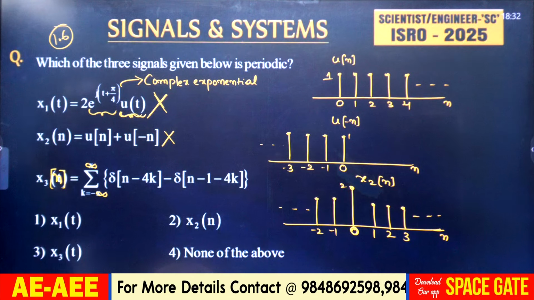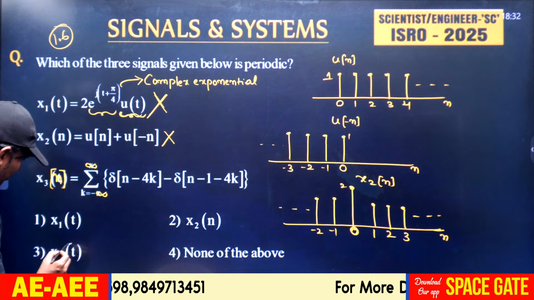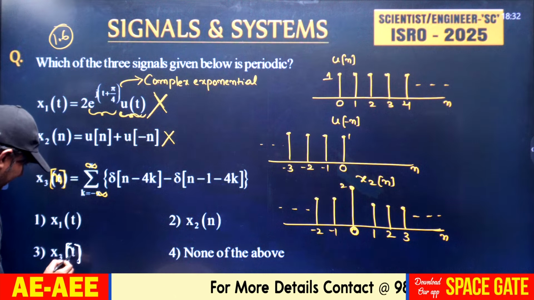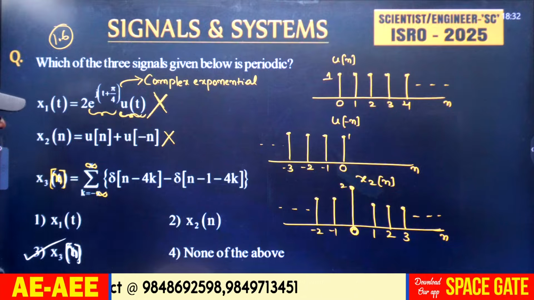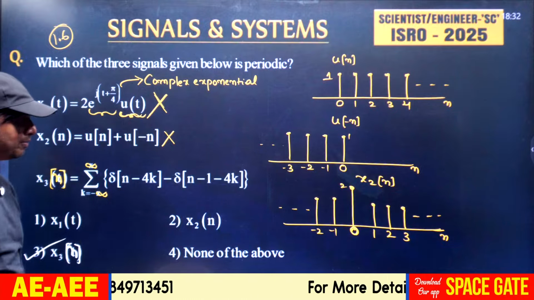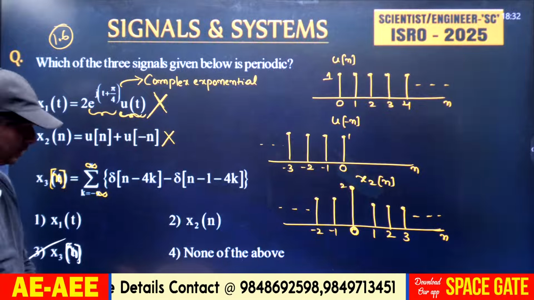So among the options, you can select x3 of n. Basically this must be x3 of n; a printing mistake is given in the question paper. So x3 of n becomes the answer, right? In this way, this problem can be solved.